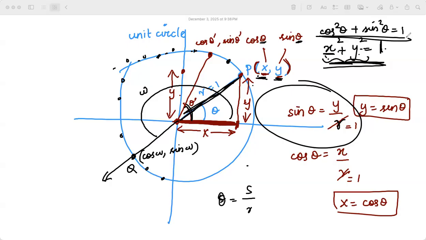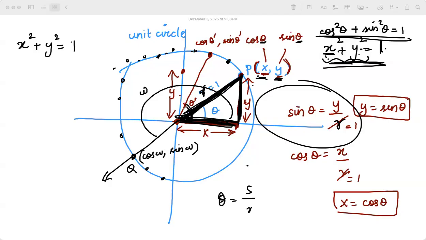Miss Priya, I don't get that part. Okay, you don't get that part. X square plus y square equal to 1, you understood, right? Not really. Okay. Here, this is a right triangle, right? The R value, it's a unit circle, R value is equal to 1, right?